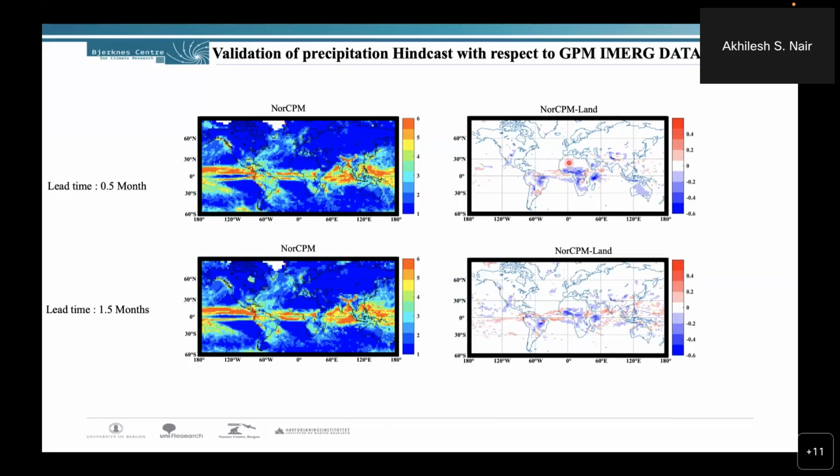We could see that at 0.5 we have considerable improvement in precipitation over the central US, the Sahel region, and the central Indian region. So improving soil moisture conditions are also improving the precipitation values. The unit is mm per day here.